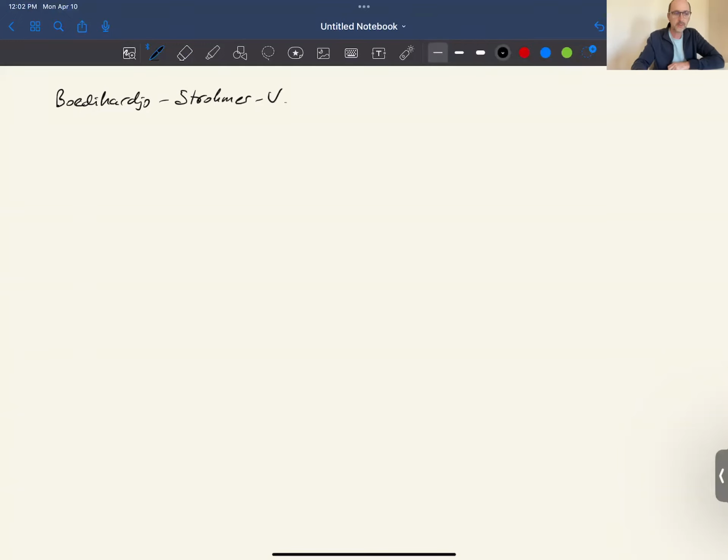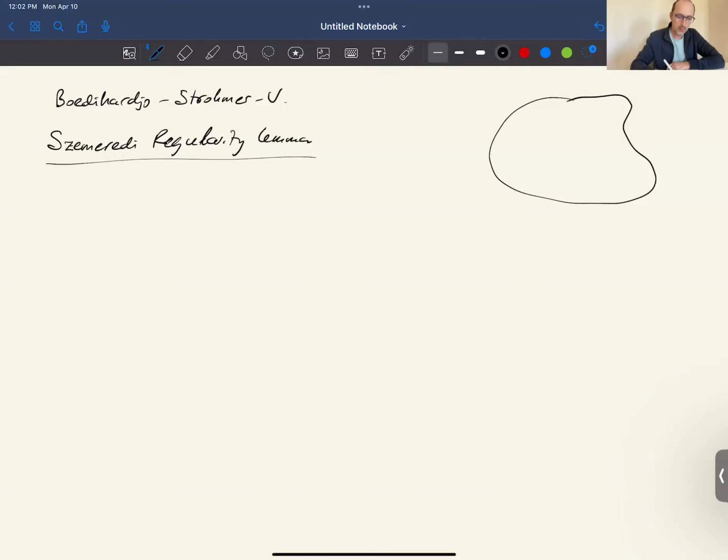The starting point of a lot of progress in combinatorics in the past maybe half century is the Szemeredi regularity lemma. It says basically that any graph, and this is my visualization of a vertex set of the graph, can be decomposed into almost pseudo-random graphs, plus a small outlier.